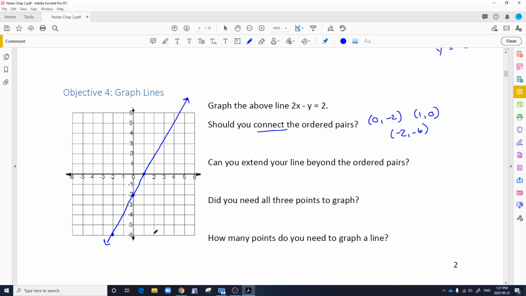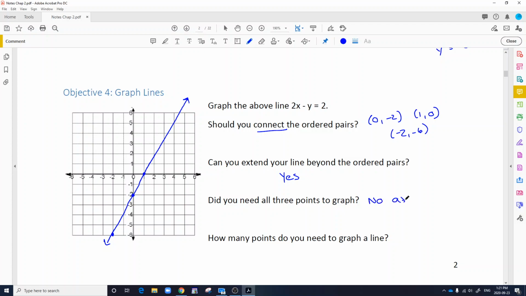When you're graphing a line or something that does not have a restriction to it, they will always go off. So you extend past the end of your Cartesian plane, and then you put arrows on the end to show that it is extending. Did you need all 3 points to graph? Well, not necessarily.